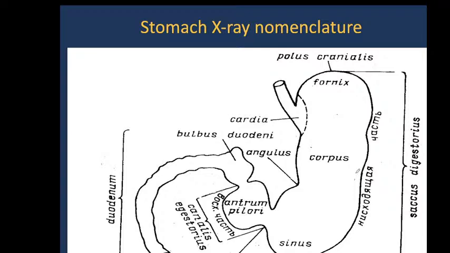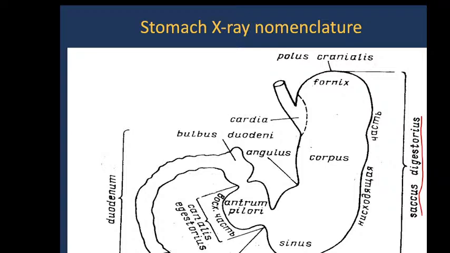With the radio examination, the X-ray, we see different parts of the stomach. Doctors called radiologists call the superior part of the stomach saccus digestorius, which means a sac, or a pocket, for the food.